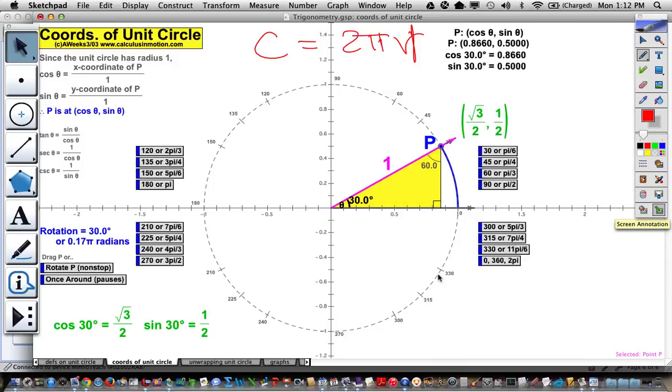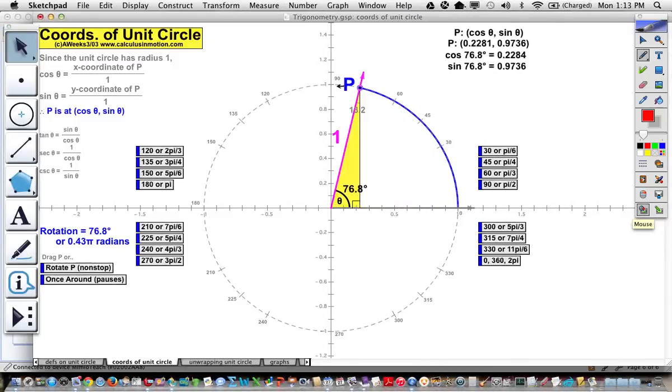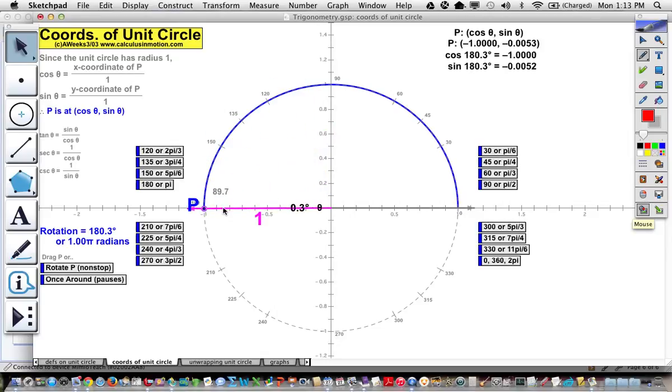Now, it's important you understand this. An angle is a rotation. A radian is an arc length. So when we talk about pi equals 180, what we're saying is 180 degrees of rotation is equivalent to 3.14 arc length.